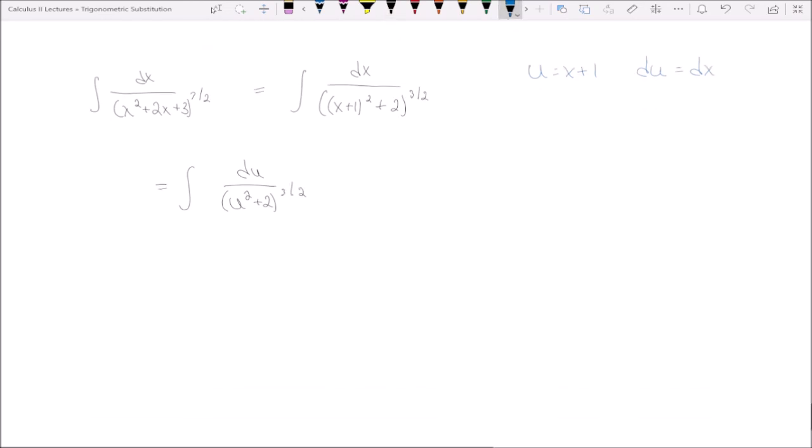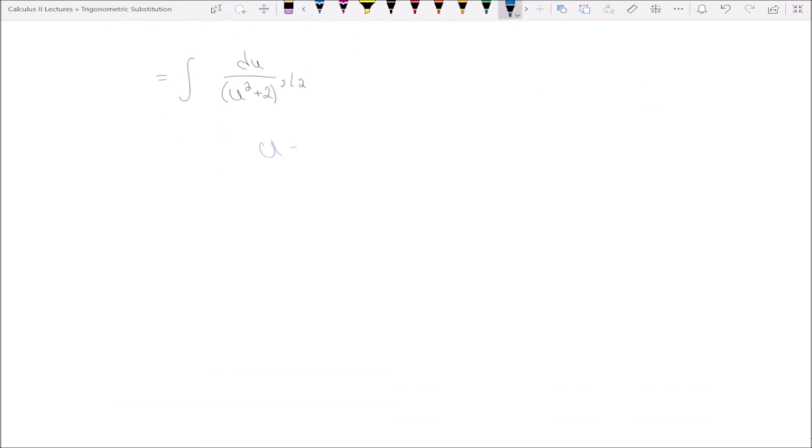Now this fits the tangent form. So let's say u is the square root of 2 times tangent of theta. Du would be the square root of 2 times secant squared of theta d theta. And the square root of u squared plus 2 would wind up being square root of 2 secant theta.